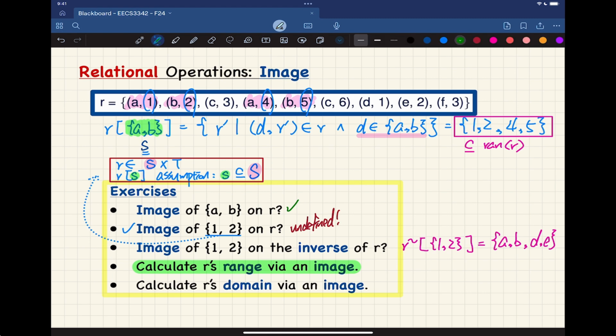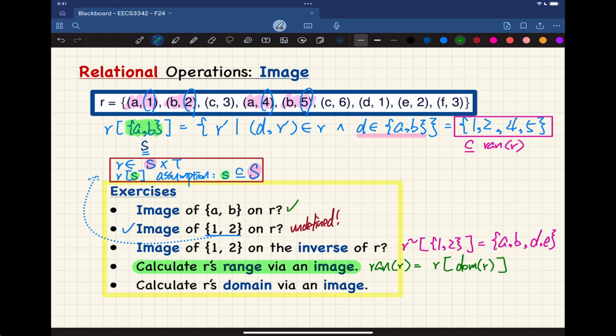Now, I want to say the range of the relation R, any relation R, is going to be equal to the same relation R, but takes the image of what set? Domain of R. Very good. Okay? This is just another interesting, useful, basic algebraic property.